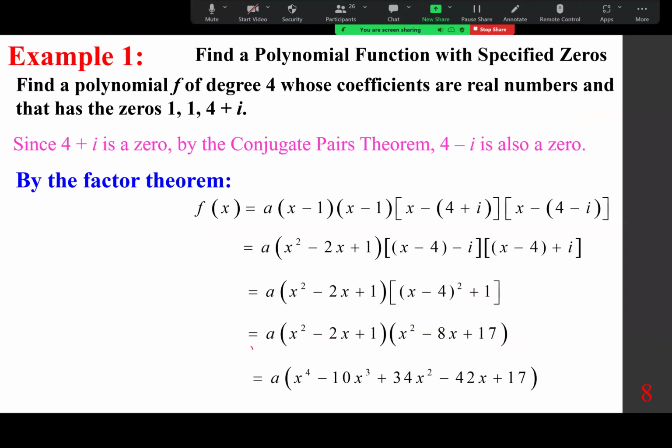So if we go with x squared, we get x to the power of 4, minus 8x cubed plus 17x squared.